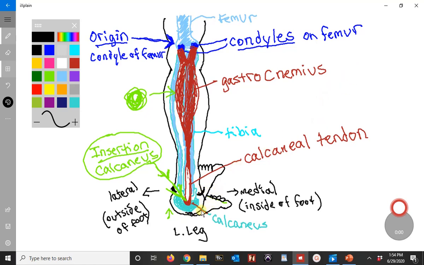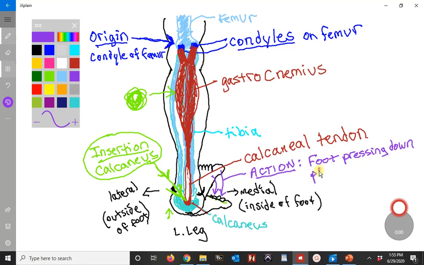Okay, so that would be the action. Let's get a different color here. So the action is this foot pointing down, pressing downward. And the technical term for your foot pointing downward is plantar flexion.